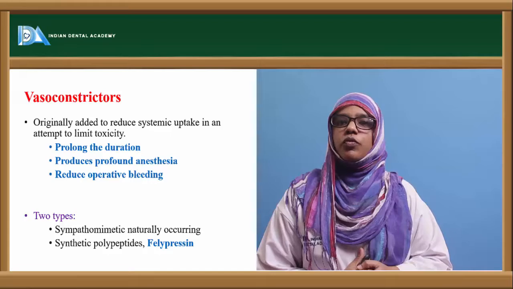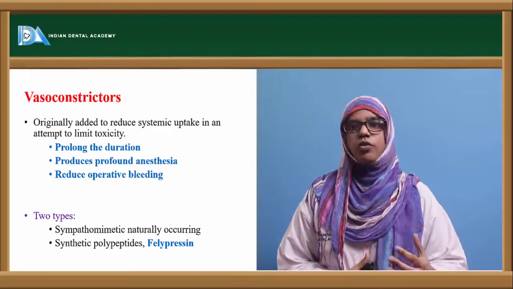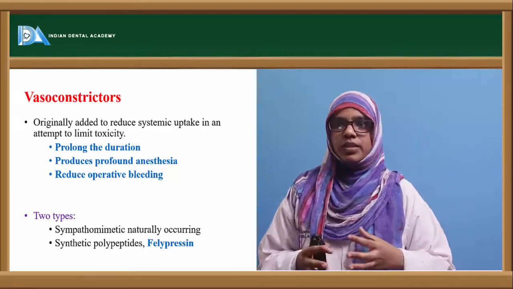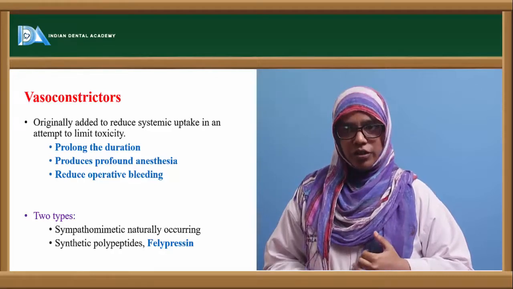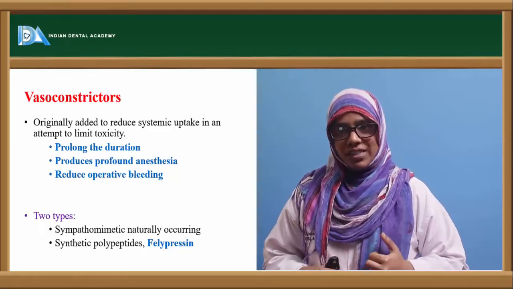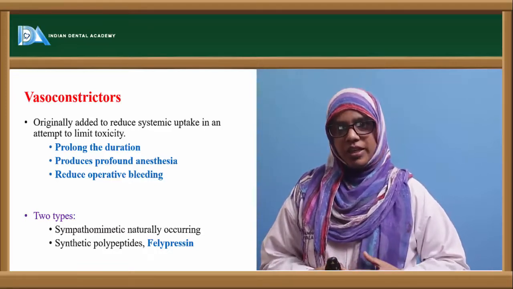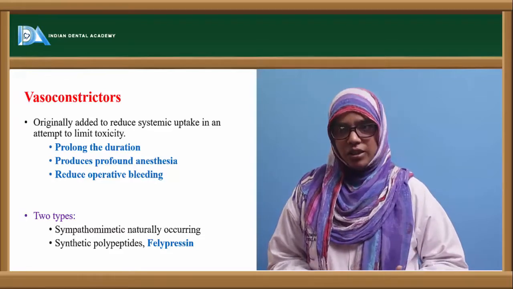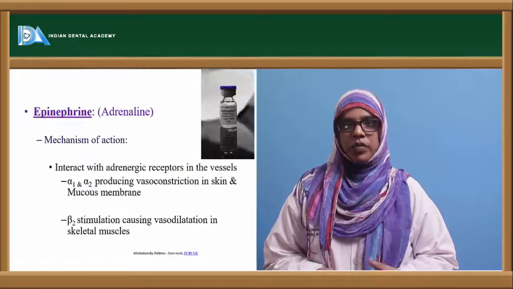Now, let's move on to the vasoconstrictor, which is also an important part of a local anesthetic. Originally, it is added to reduce the systemic uptake, to prolong the duration of action, to produce profound anesthesia, and to reduce operative bleeding. There are two types: sympathomimetic, naturally occurring like adrenaline, or synthetic like felypressin.